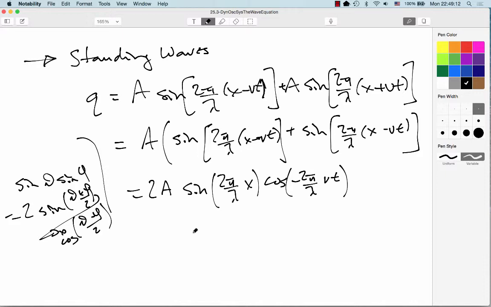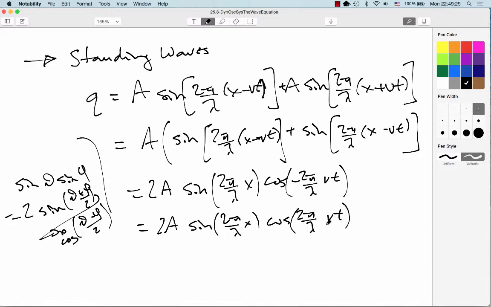All right, and the cosine of minus something is the cosine of the same thing, so that's 2A sine of 2 pi over lambda x cosine of 2 pi over lambda vt.